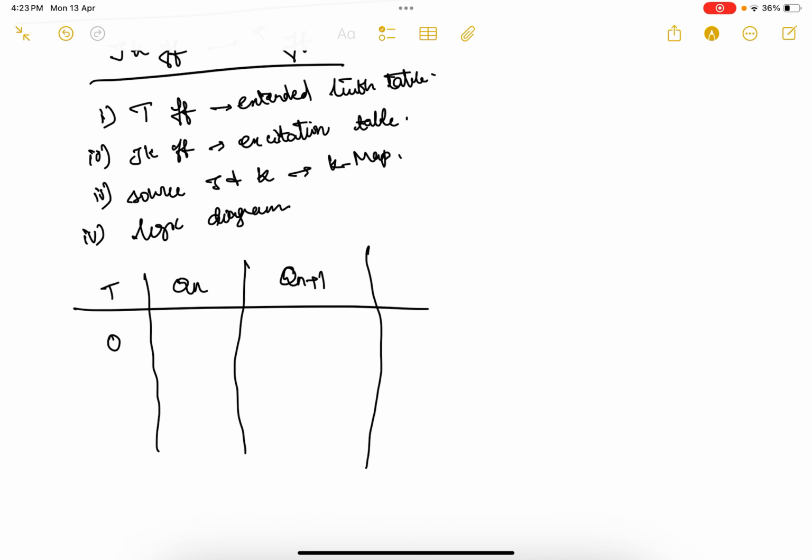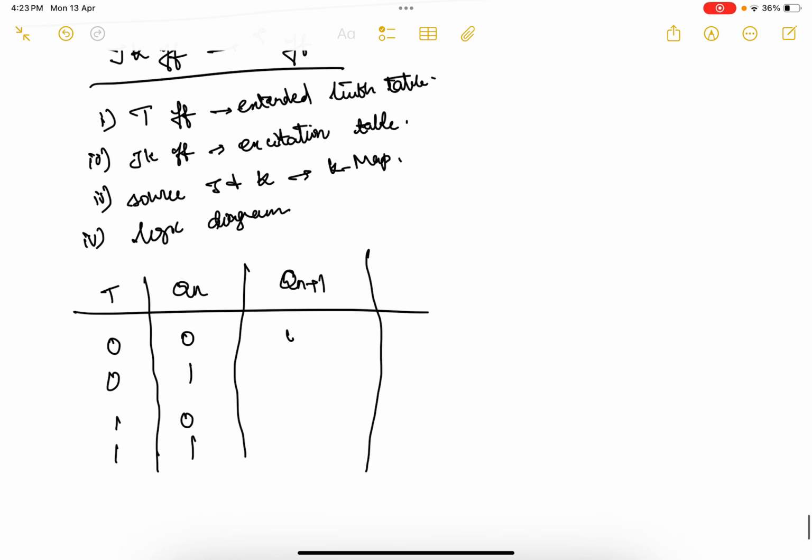The present state may be either 0 or 1 for the input 0, and the present state can be either 0 or 1 for the input 1. So the next state will be like, if the input is 0, the present state will be retained as such. If the input is 1, the present state will get complemented, that is 0 will turn into 1, 1 will turn into 0. So this is nothing but the extended truth table for a T flip-flop.